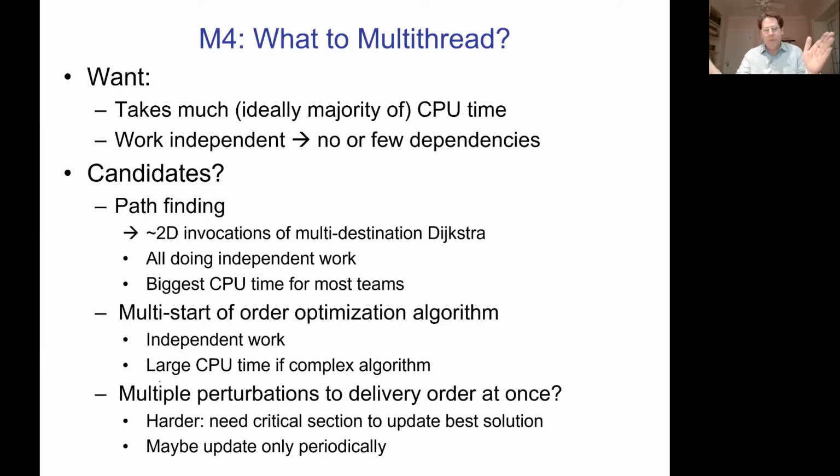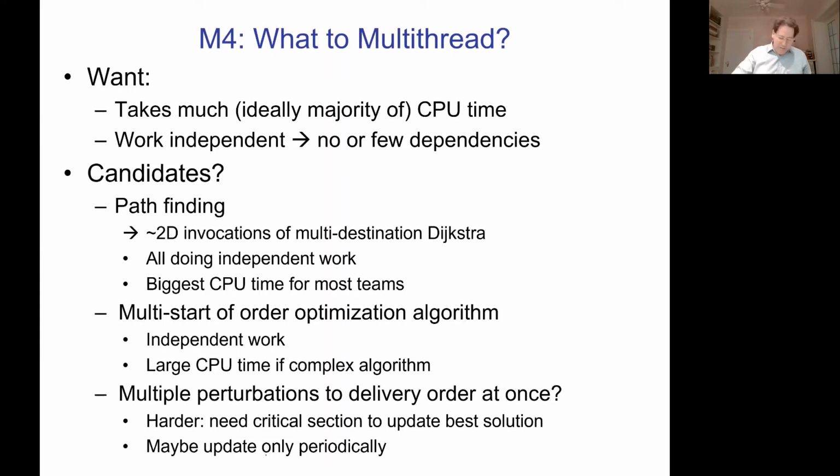And whenever some perturbation in one of your threads finds a better delivery order, it's going to have to update that. And that means it's updating something that other things are reading or might try to update at the same time. So you need some OMP critical to protect that order-representing variable so that you don't have multiple things trying to change it at once. So that's more complicated. And it might actually reduce your speed up because if your threads are always waiting to be the one that can update the delivery order, then you'll lose some speed up. And more importantly, you have some extra room for bugs and complexity.